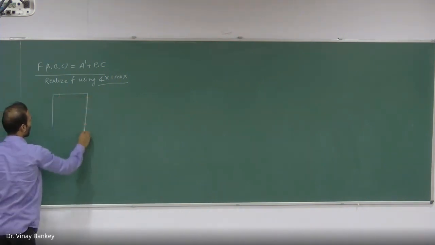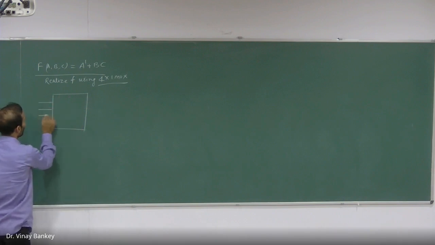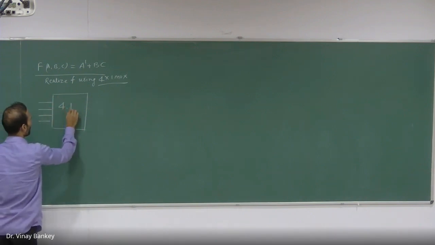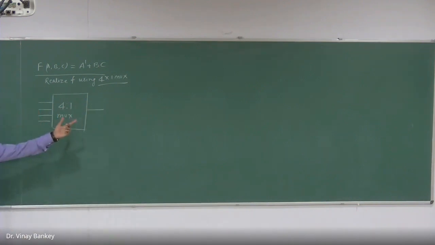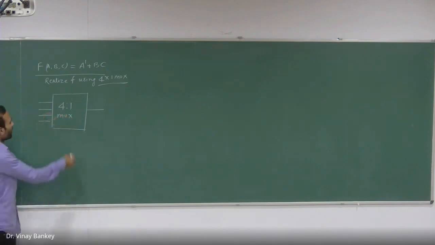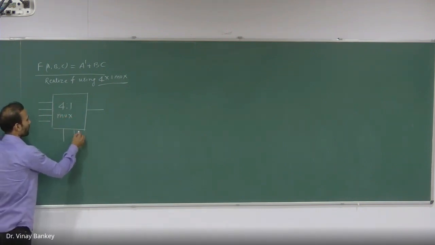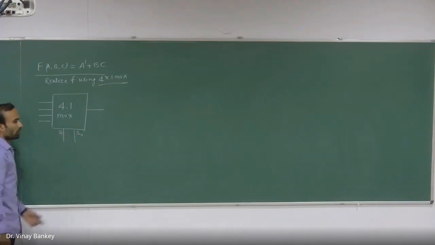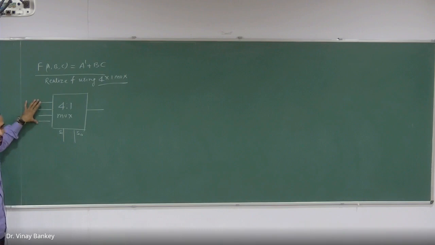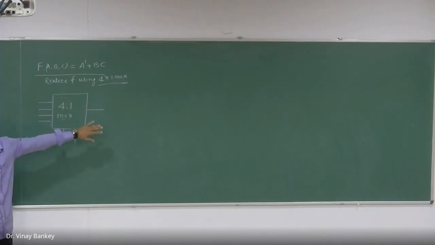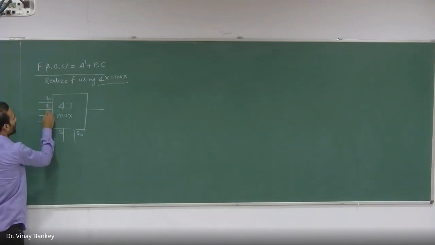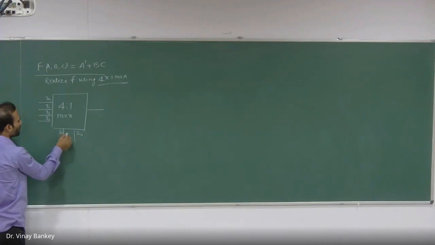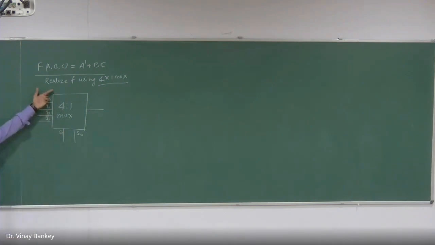You have this 4:1 multiplexer, and surely it will have one output. According to the selection lines, one of these inputs will be selected, and this input will be reflected toward the output. So let me call these I0, I1, I2, and I3, and I have these two selection lines. So now the question is, realize this Boolean function using this 4x1 mux.